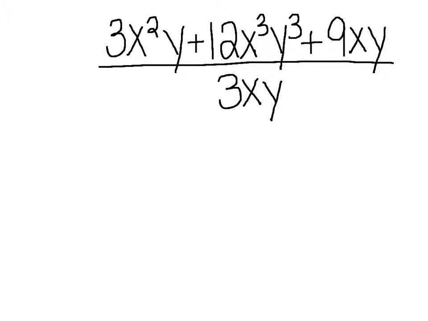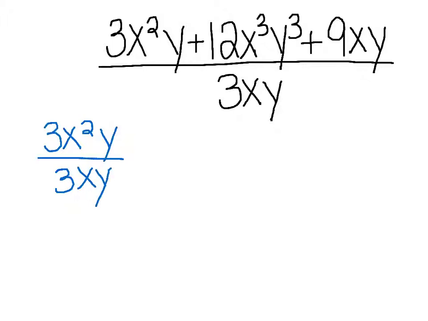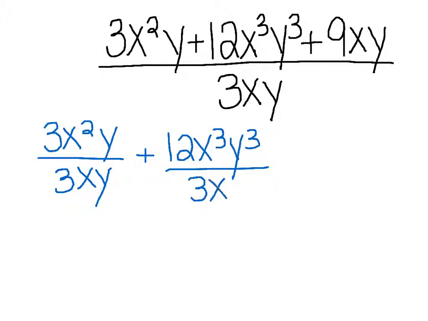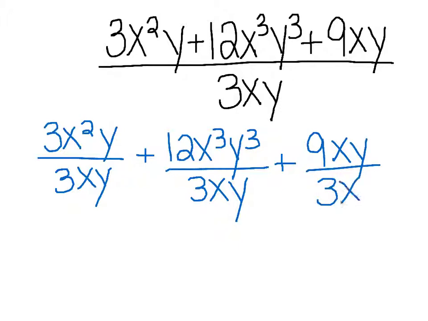Just like in that previous example, we're going to take each term and divide it by our denominator, which is 3xy. So I'm going to have 3x squared y divided by 3xy plus 12x cubed y cubed divided by 3xy and 9xy divided by 3xy.